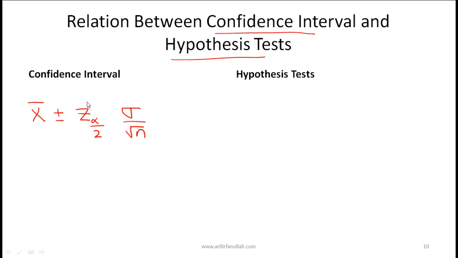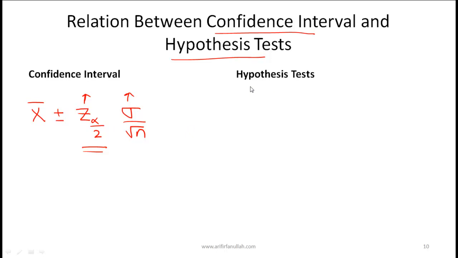So if we used a very high confidence level, which meant a low significance, then this number would be high and we would have a wider confidence interval. And if we have a high standard error, then again that would cause our confidence interval to become wider. So notice the role played by both the significance level as well as the standard error.